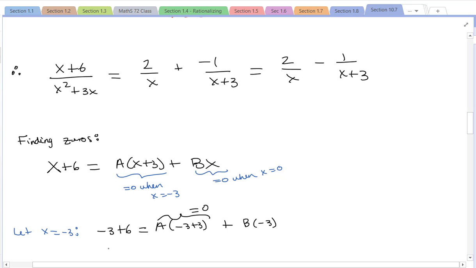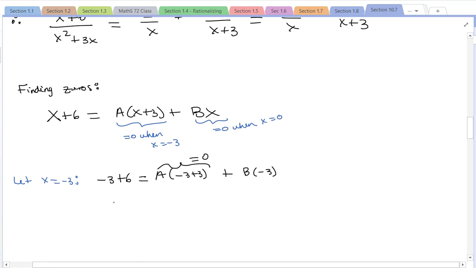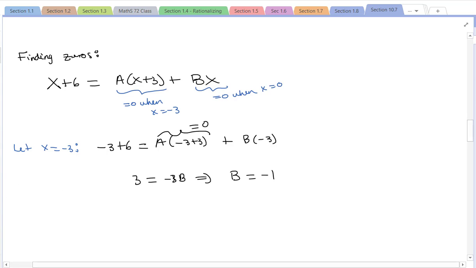So negative 3 plus 6 is 3, equals negative 3b. Divide both sides by negative 3, and you get that b is equal to negative 1. So it's the same answer that we got before.